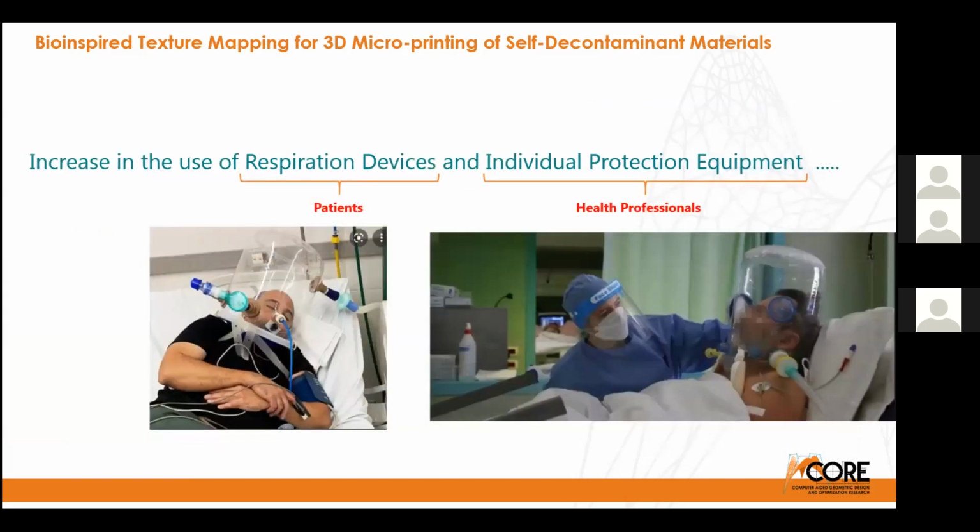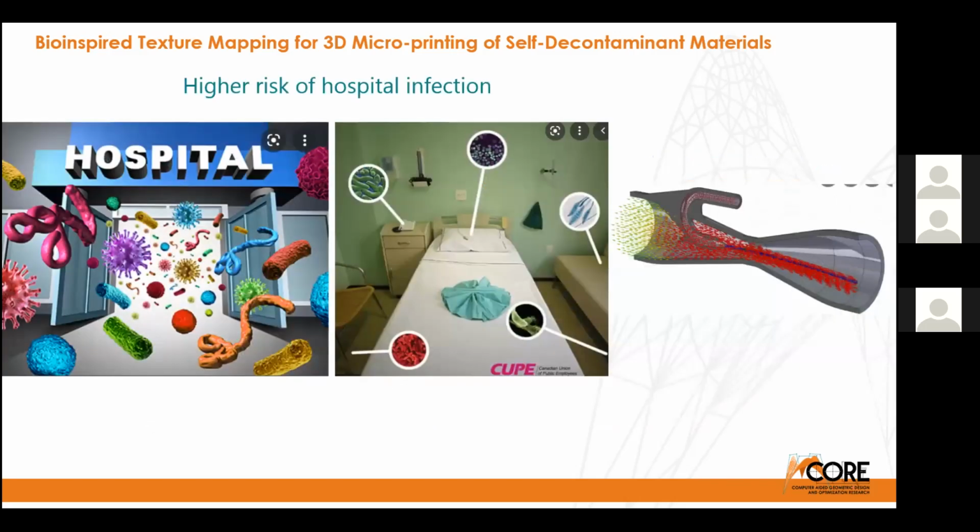So we have two fronts in here. We have the equipment needed for the patients, the respiration devices, and also for the health professionals, the individual protection equipment. And if you join this to the fact that in the hospital we had an excess number of people coming because of the pandemic, there was a preoccupation about the higher risk of hospital infection.